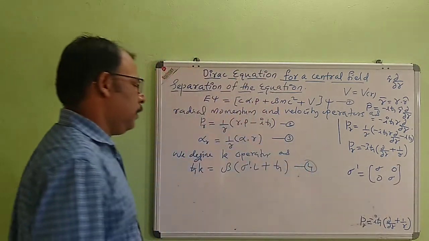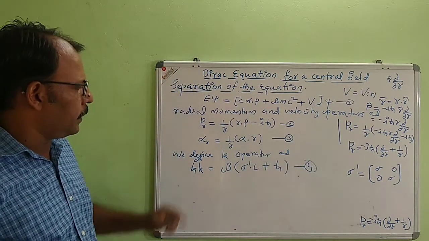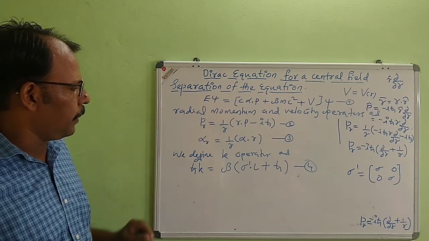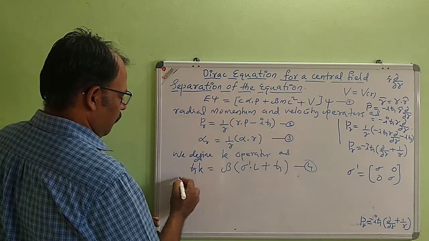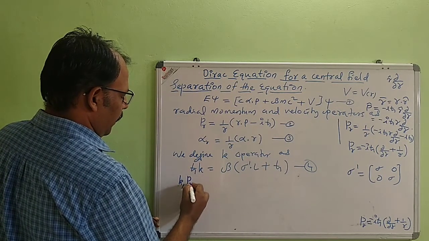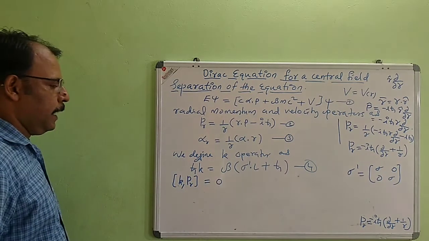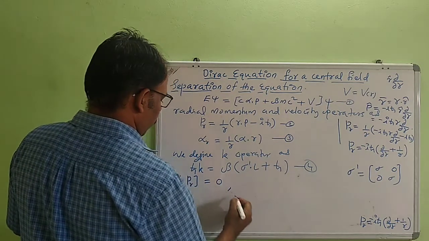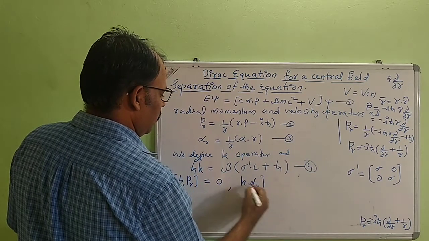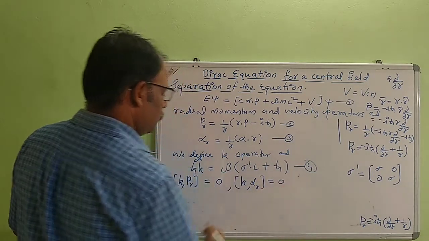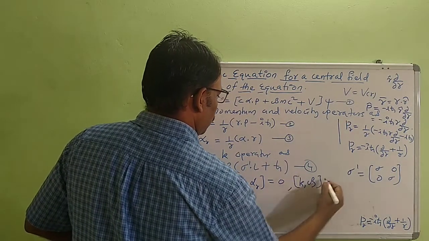You can show that this operator K commutes with the operator P_r, that is, commutator K P_r is equal to 0. Also commutator K alpha_r equal to 0, and commutator K beta equal to 0.